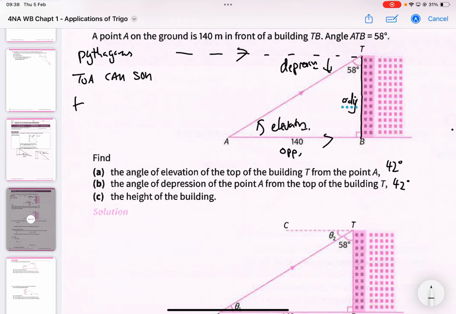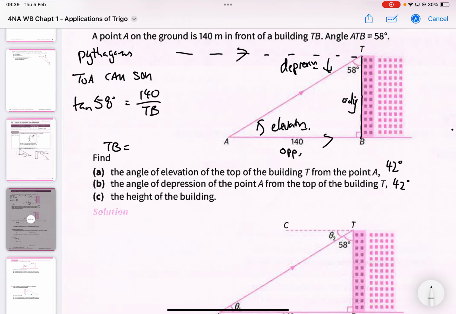So I use the tangent of the angle: tan 58 equals opposite over adjacent, so equals 140 over TB. Then I want to find TB, I need to make TB the subject. Making TB the subject means TB by itself on one side. But TB must be a numerator, and now TB is denominator. I don't want TB to be denominator, I want to multiply it across.